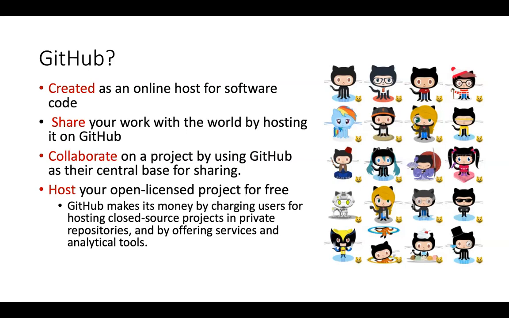So again, what you can do is use it to create and host. Originally it was software code, but now it's not limited to that. You can share your work with others, with your team, or you can make it private and keep your repository, your project, only to yourself. I prefer to keep all my data analytical projects on GitHub just for security.